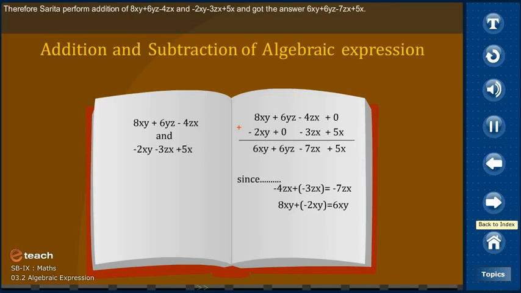Therefore, Sarita performed addition of 8xy plus 6yz minus 4zx and minus 2xy minus 3zx plus 5x, and she got the answer 6xy plus 6yz minus 7zx plus 5x.